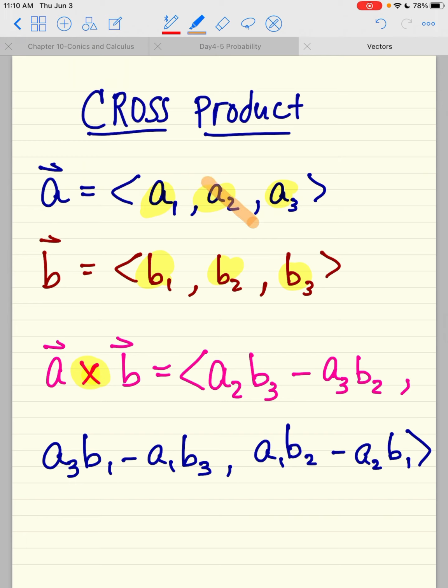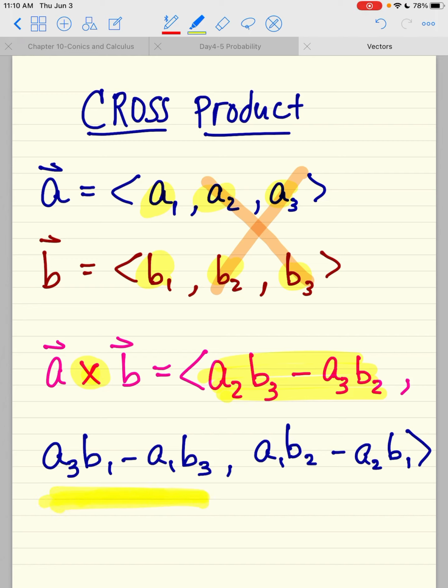A2 times B3 minus A3 times B2. Notice this is just to give you the first component, and that piece has nothing to do with 1. So the first component, you're not using any subscript of 1. When you get to the second component, you guessed it, there's no subscript of 2.